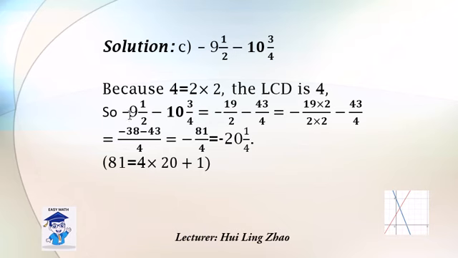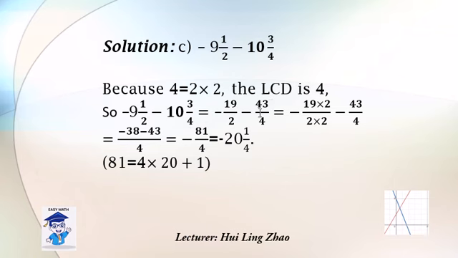So for this expression, the first term, we have to change to an improper fraction because 2 times 9 is 18. 18 plus 1 is 19. So it's negative 19 over 2, right? The second number is 10 times 4 is 40. 40 plus 3 is 43, right?